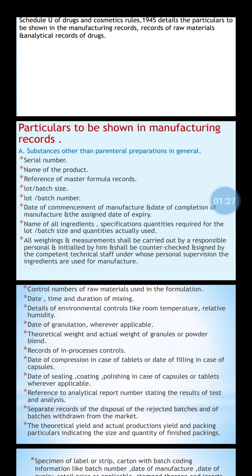All weighing and measurement shall be carried out by the responsible person and initialed by him, and shall be counter-checked and signed by the competent technical staff under whose personal supervision the ingredients are used for manufacture.